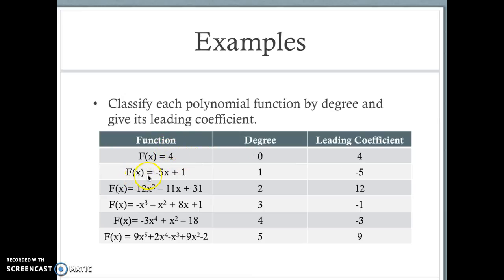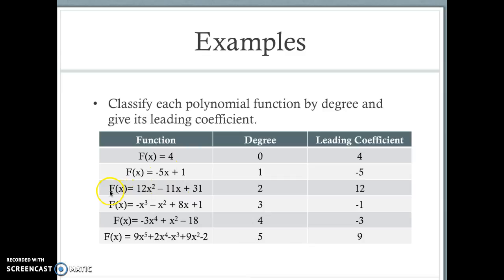Now we have the function f(x) = -5x + 1. The degree would be 1 because we have an x right here, and it's just the 1st power. So our leading coefficient would be -5 because that is in front of our x.